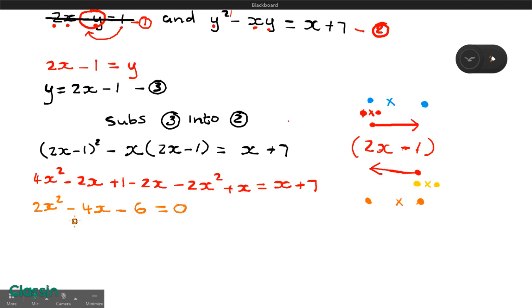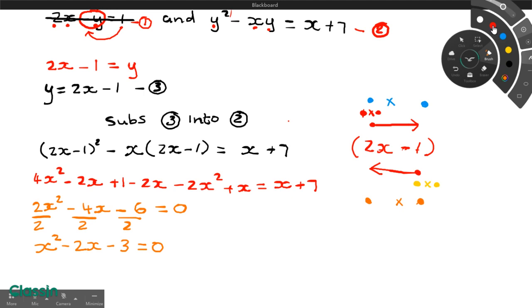If you are at this point, you can simply say divide each term by 2, which is the smallest coefficient. Then you're going to have x squared minus 2x minus 3 equal to 0.